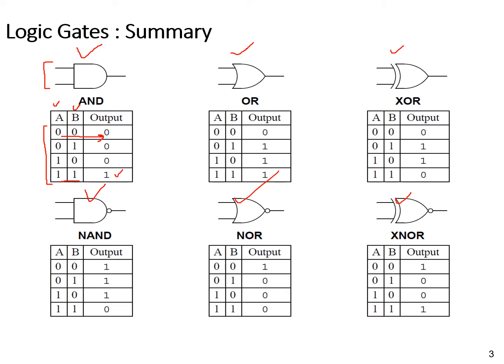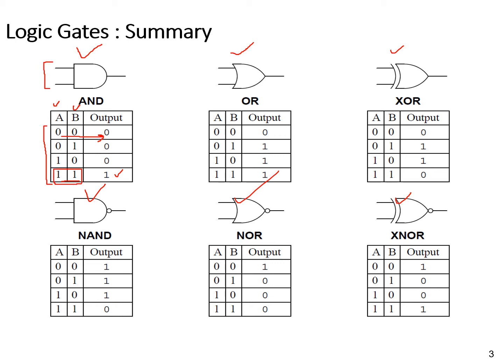Now what is the basic decision that this logic gate can perform? The basic decision that this logic gate can perform is basically a recognition of the highest state of the input combination.